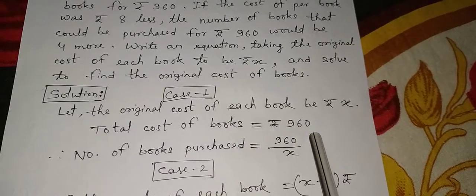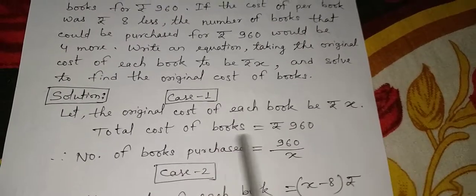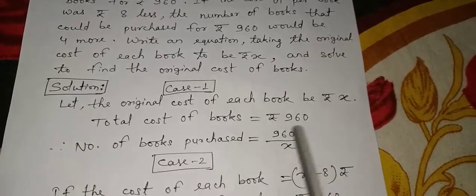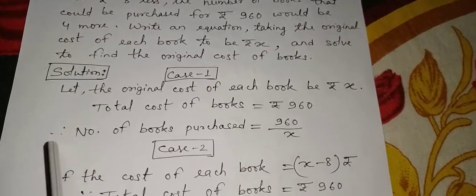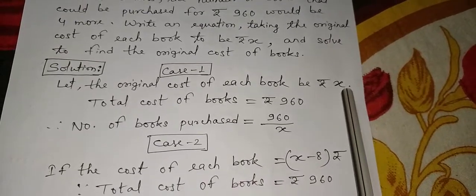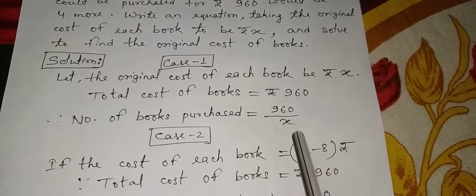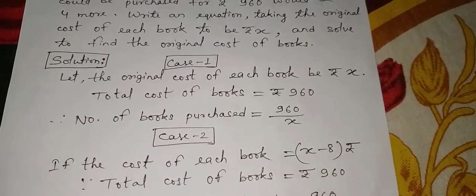So the person had invested rupees 960 for buying the books. I don't know how many books there were, but rupees 960 was the total bill. So the number of books purchased will be total bill by price of each book, that is 960 by x. That will be the number of books purchased.